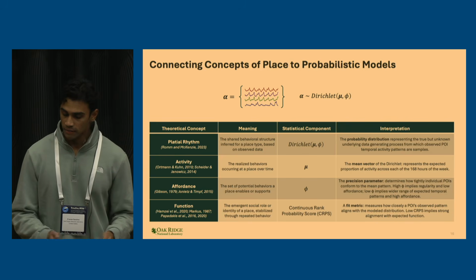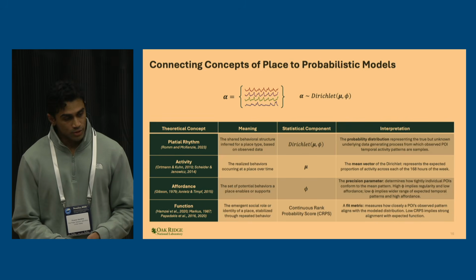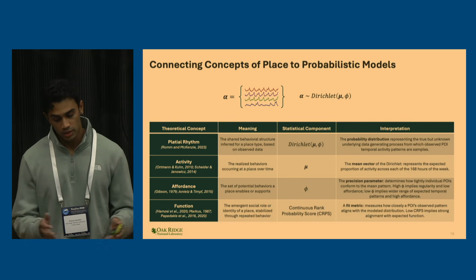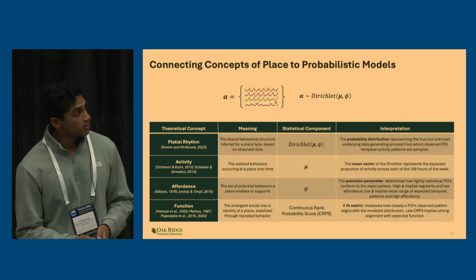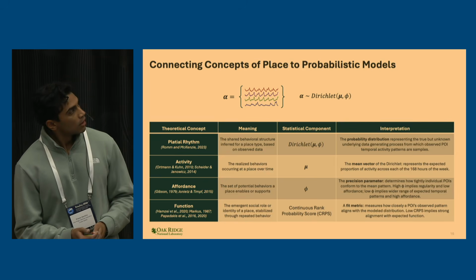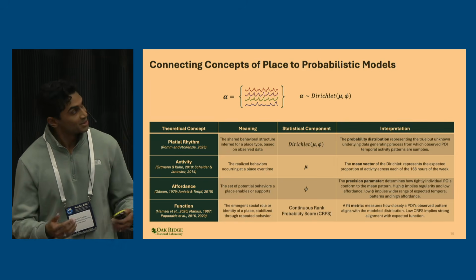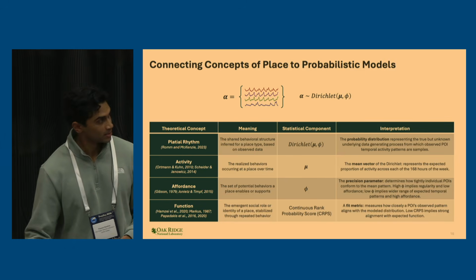Mu is just a mean vector of the activity pattern. Affordance, or phi, is our precision parameter representing how tightly a POI conforms to the mean activity, which means how much of a restaurant is a Papa John's or not. And then finally, CRPS is just the quality of it.